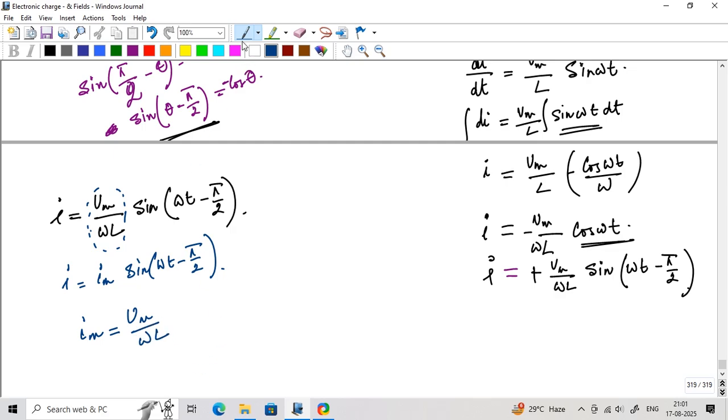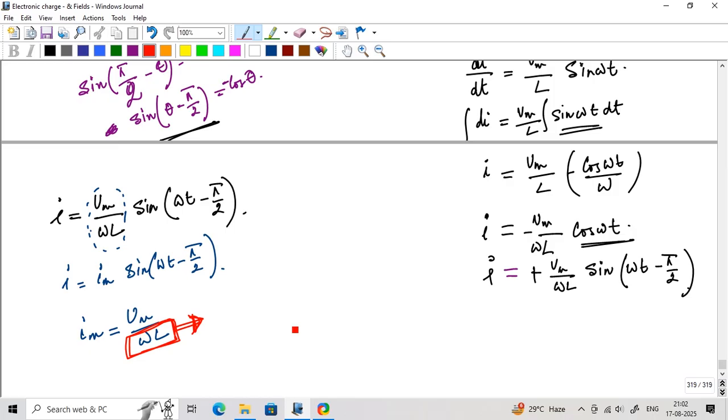From Ohm's law, V equal to IR, and this omega L almost looks like a resistance in the circuit.